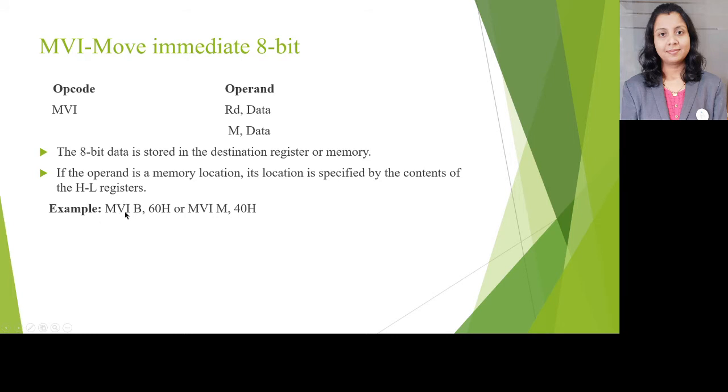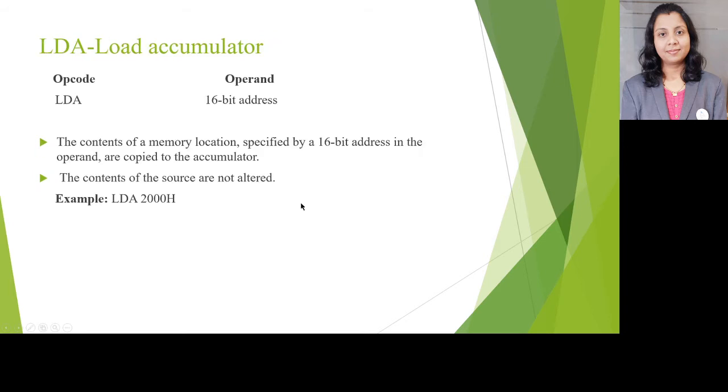Example can be MVI B, 60H, that is, this immediate data specified with the opcode MVI is transferred or moved to the B register. Similarly, you can see the second example here, MVI M, 40H. 40H is the immediate 8-bit data specified with the opcode, and this data is immediately transferred to M, that is memory.